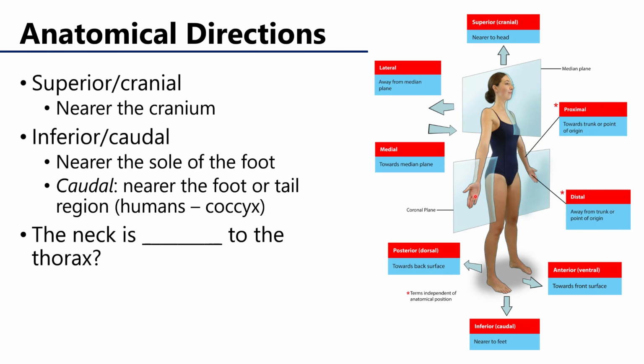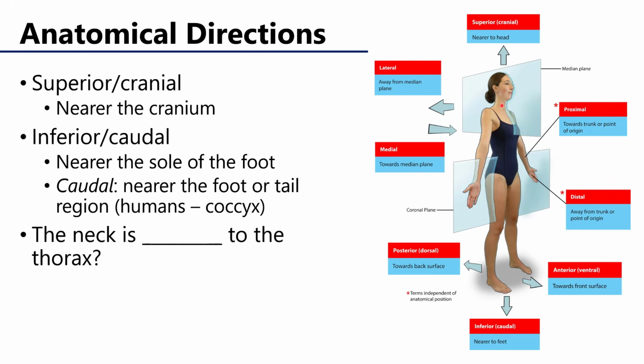When we say that a structure is superior to another structure, we mean that it is nearer to the head or the cranium. We could even say that structures within the head are superior or cranial to other structures within the head. So the tippy top of the head would represent the most superior portion of the body.